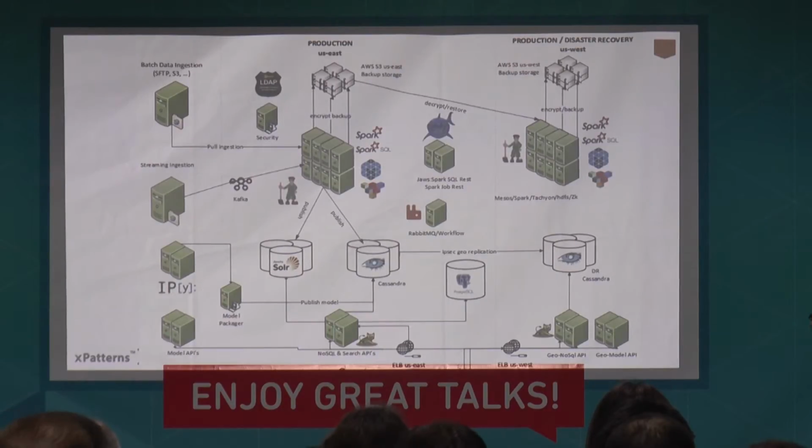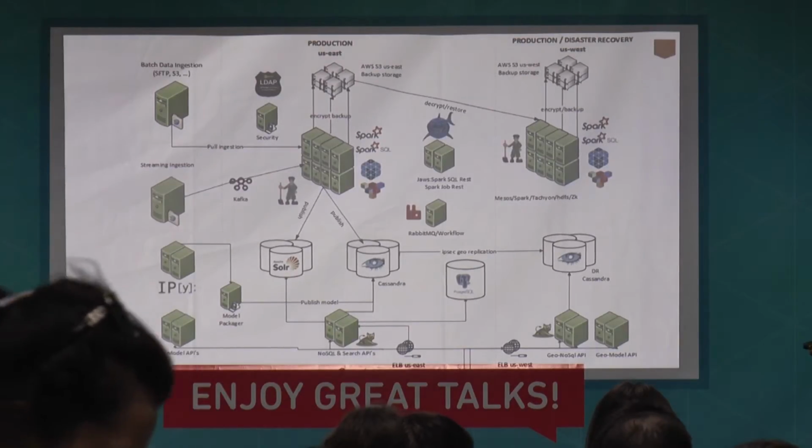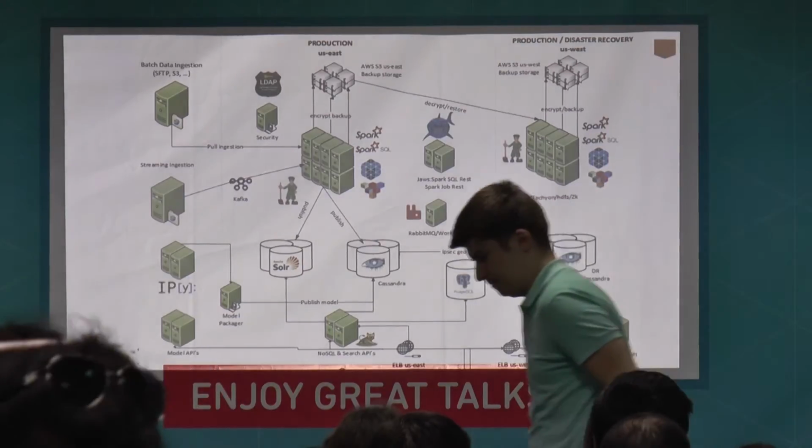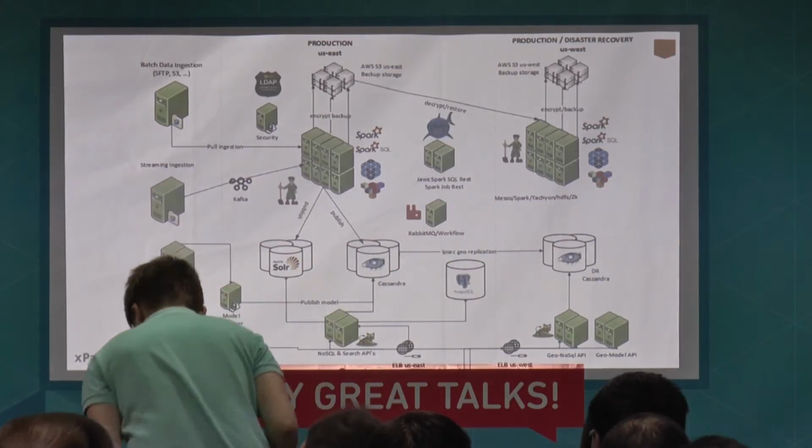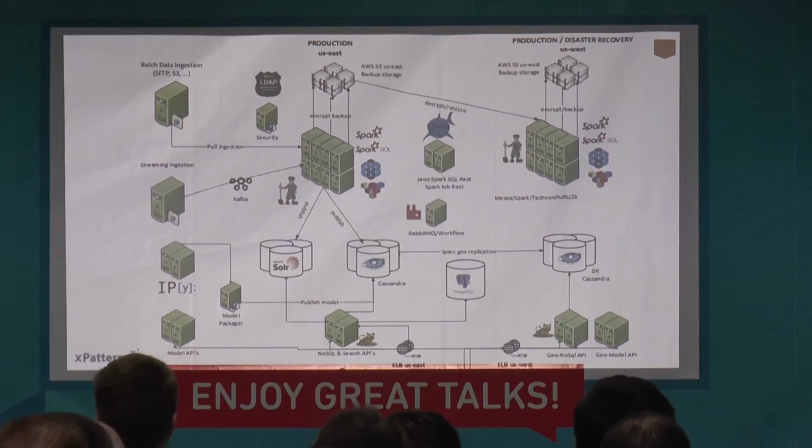Regarding the HDFS, we adopted an LDAP configuration for security, so each user of the platform has its own black box and can access only the data provided for him.